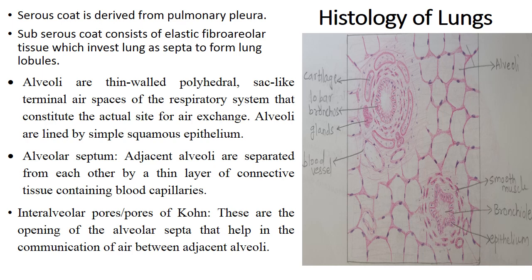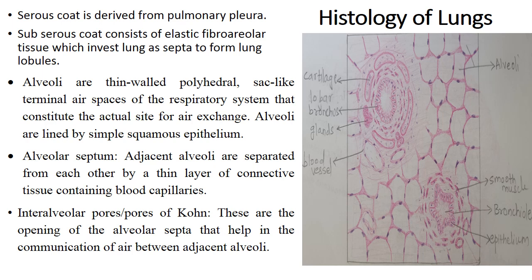Subserous coat consists of elastic fibroareolar tissue, which invests the lungs as septa to form lung lobules. Then the alveoli are thin-walled polyhedral sac-like terminal air spaces of the respiratory system. They constitute the actual site of gaseous exchange.